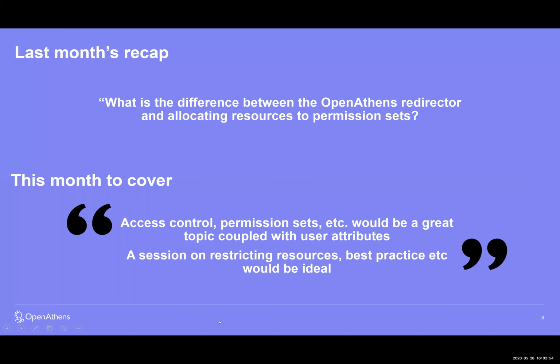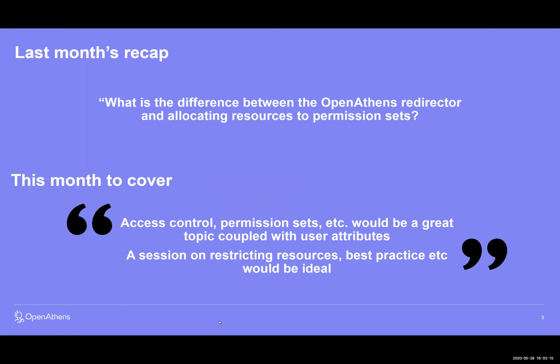Before we get cracking with the main topics of this month, which is controlling library resources, a deep dive into different permission sets and how to restrict resources for your user groups, I want to do a quick recap based on the most popular question discussed last month.